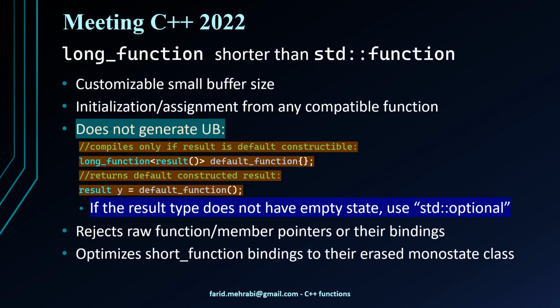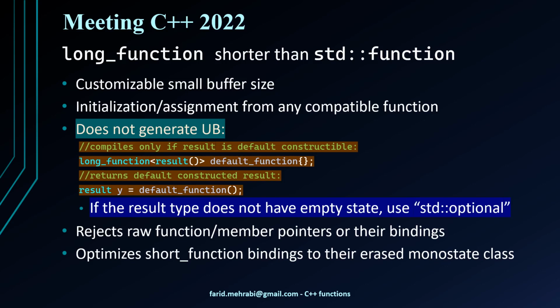Invoking an empty long function results in default construction of the result type. If we need a long function with an empty state whose result type doesn't have a default constructor, we can use a std optional return type instead.